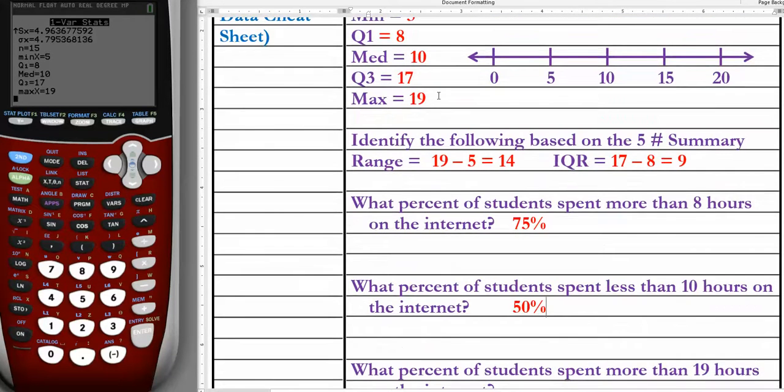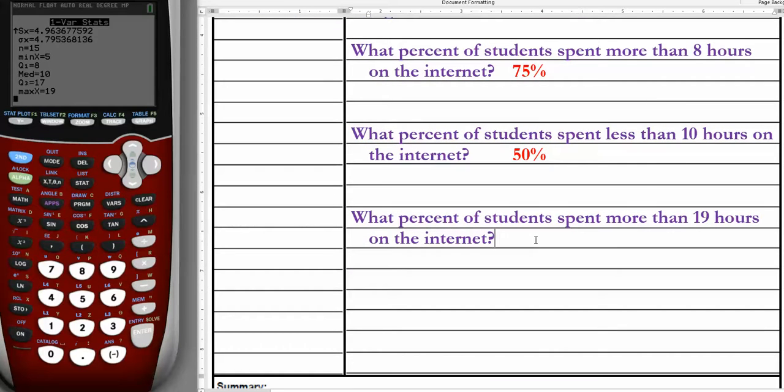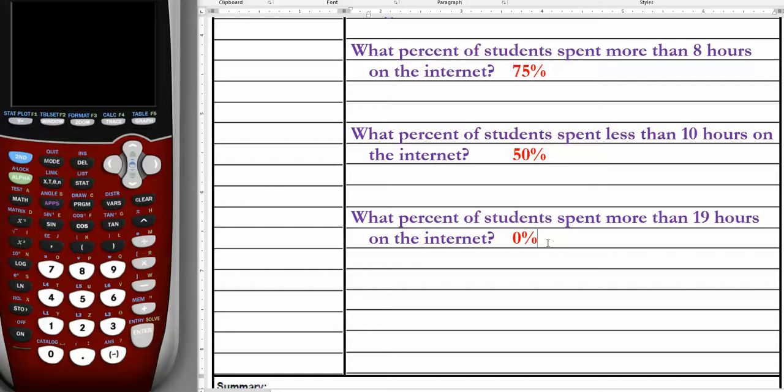Well, the maximum was 19, so the percentage of students that spent more than 19 hours should be 0, because nobody spent more than 19 hours on the internet. So just keep that in mind as you're trying to read the graph. Things are in 25% increments usually when dealing with box and whisker.